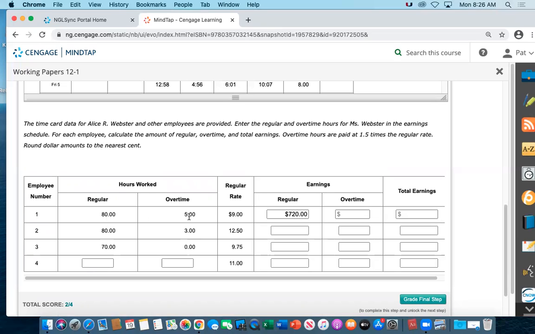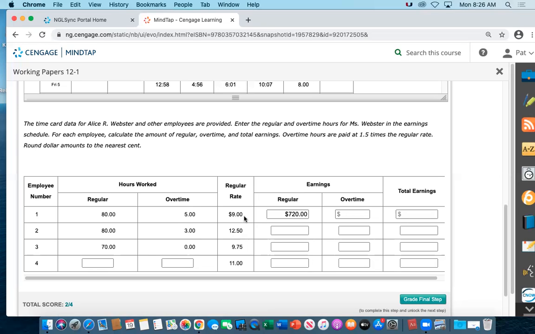Now, how do we find overtime? We have to get the time and a half. So you make $9, right? You got to multiply it by 1.5, right?